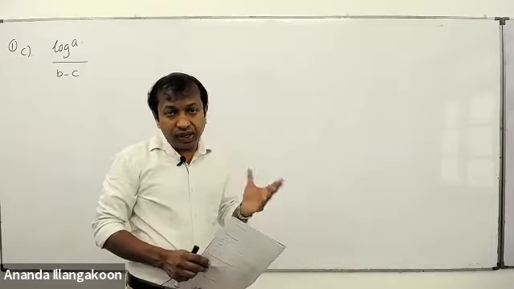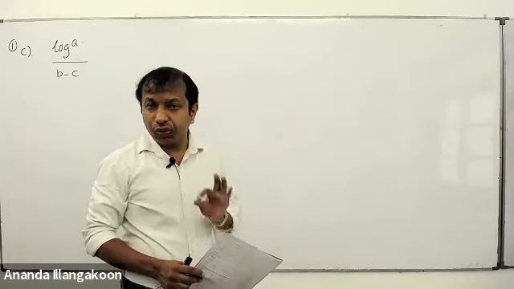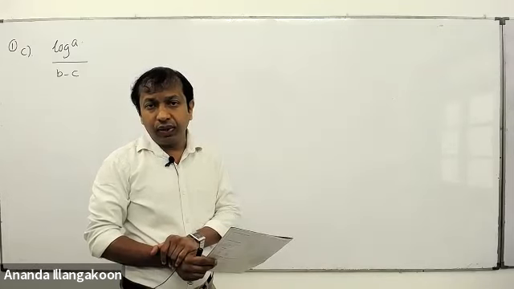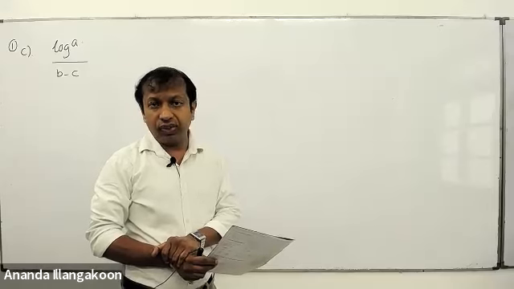Or any other value which is positive and not equal to 1. Because when we write a log term, the base should always be a positive value which is not equal to 1, as we learned at the very beginning.